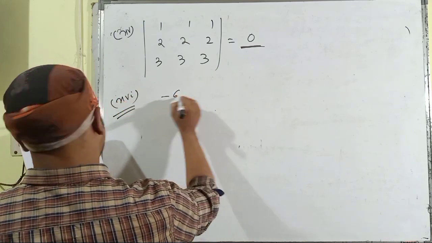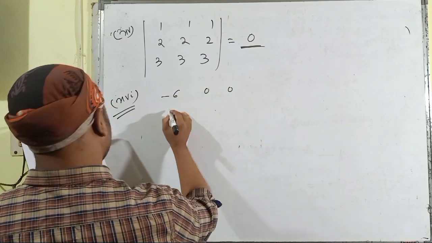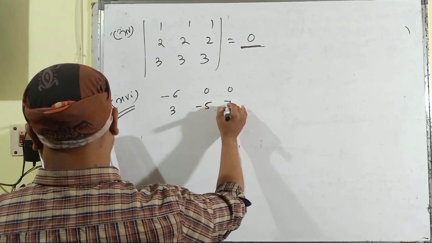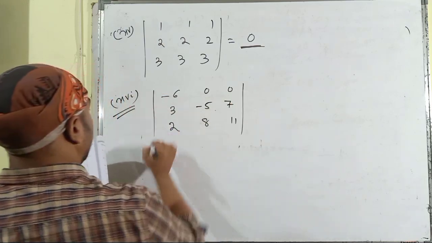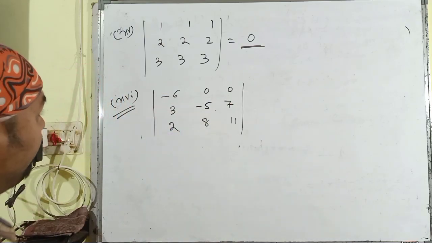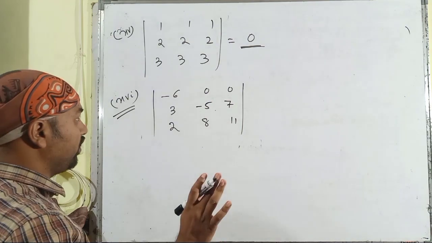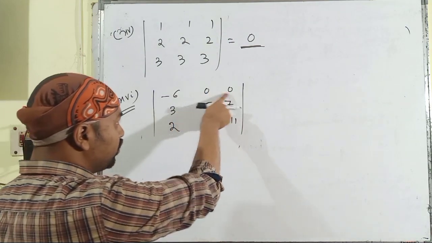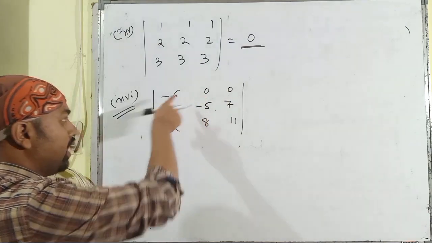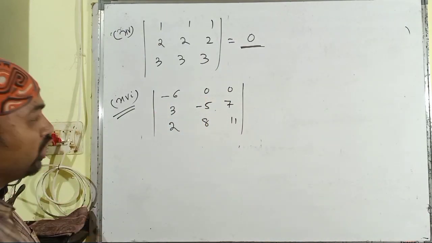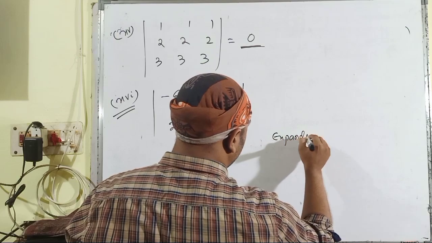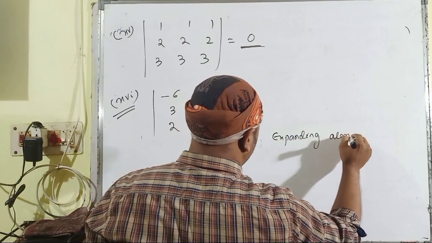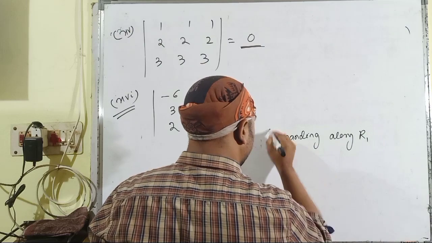This is minus 6, 0, 0, 3, minus 5, 7, 2, 8, 11. And we have to find out the value of this determinant. First of all, you can see that two zeros exist in the first row. So we have to expand along row 1.